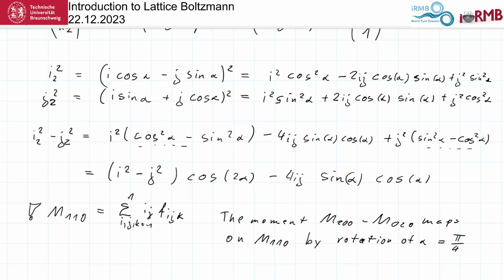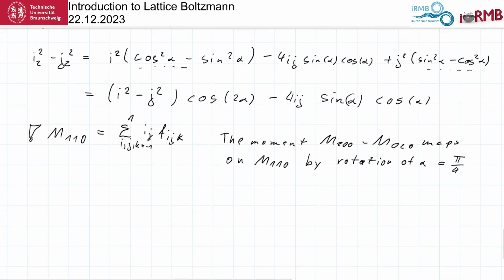So, however, we also have to deal with the isotropy or anisotropic properties of our lattice, because the lattice maps in a different way.